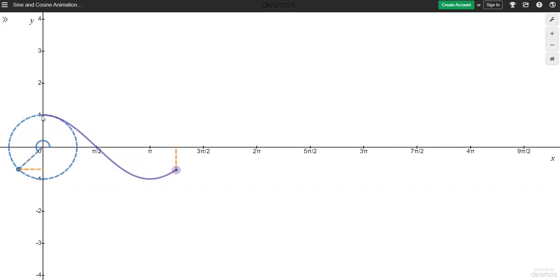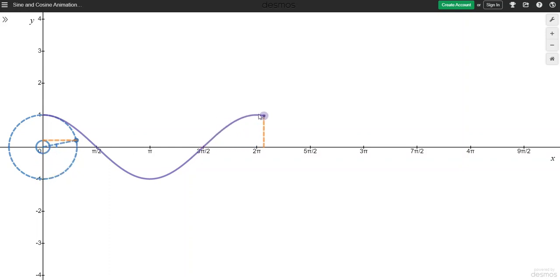Instead, we're just starting up at the maximum, but then we continue that same wave-like pattern the same way sine did. And notice the pattern once again ended at 2 pi. It started at its maximum, went all the way down to its minimum, and then went back up to its maximum again, which we're going to see in just a second. That is one full pattern, max to max.